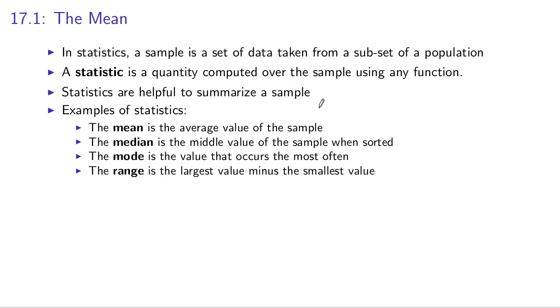So the mean is a statistic, and a statistic is a quantity computed over a sample. What's a sample? A sample is a set of data taken from a subset of a population. And I'm going to gloss over some details here that you will learn in statistics if you ever want to learn more.